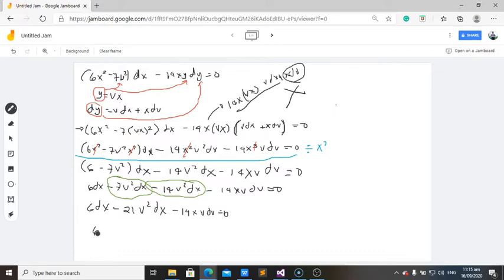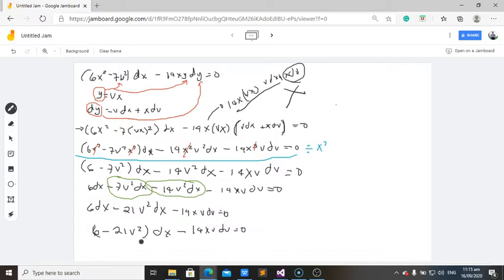So after that, we could combine again sila, si dx o dv. So we have 6 minus 21v squared, common na sila, og dx minus 14xv dv equals 0. So what can you observe, guys?